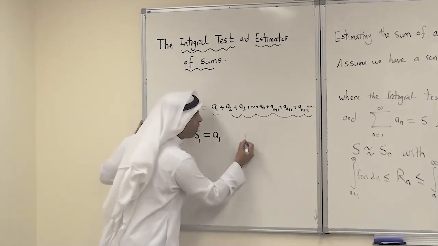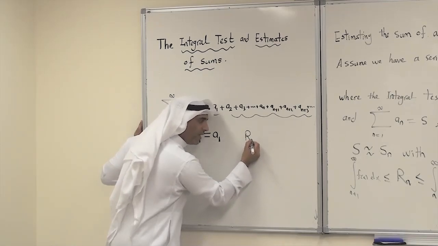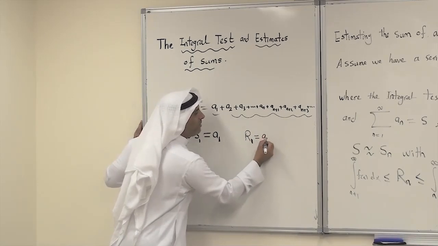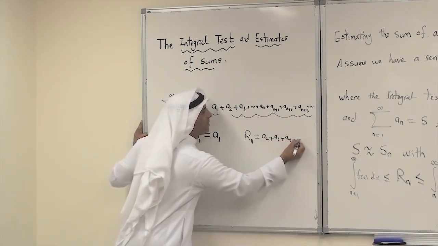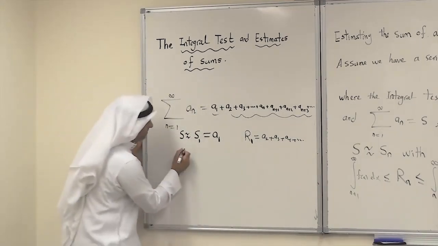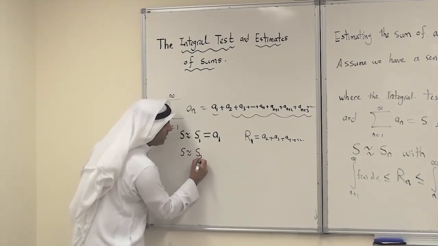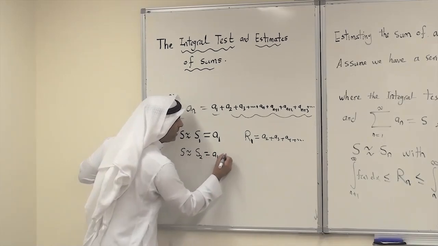In that case, R1, the error involved by taking only the first element, is equal to what? The summation A2 plus A3 plus A4 plus etc. This is the error involved. You can estimate the sum by taking only the first 2 elements, that is A1 plus A2.